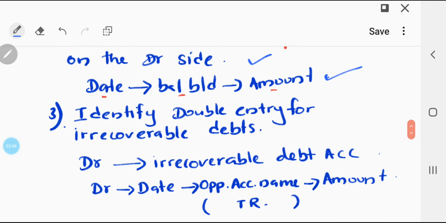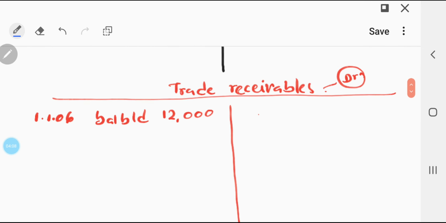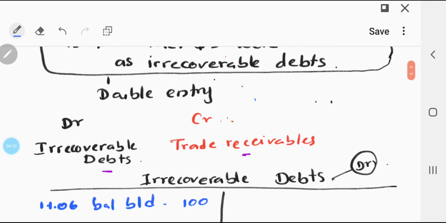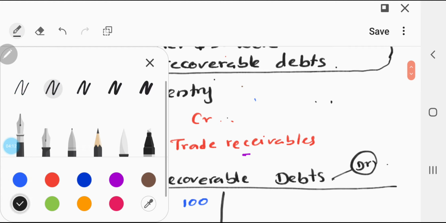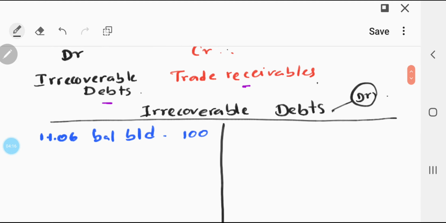Step 3. Identify the double entry for irrecoverable debts. We already identified irrecoverable debt account debit and TR account credit. Debit irrecoverable debts account. So let's go to irrecoverable debts account and debit the value of 50.